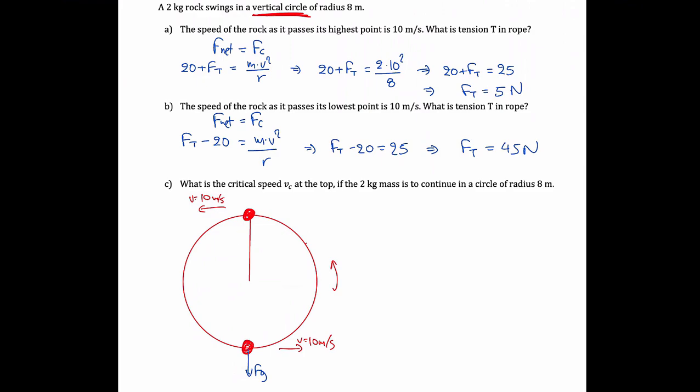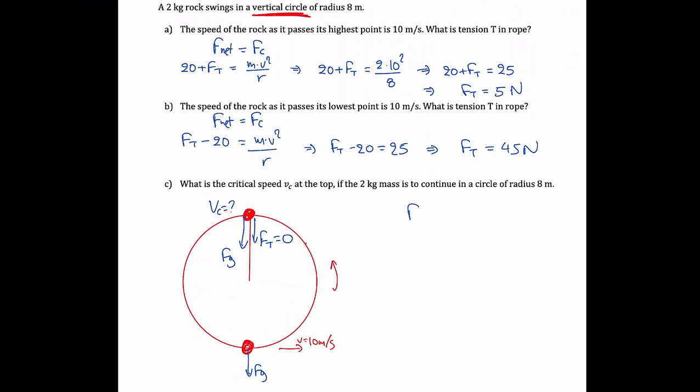So on the object there will be a force of gravity and the tension. However, at the lowest speed, at the critical speed that we don't know, the tension will have to be equal to 0. Otherwise, actually the tension will be just a little bit more than 0. Otherwise, the rope will become slack and the object will start falling down. So the tension is just before 0.